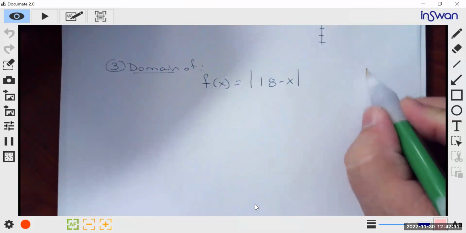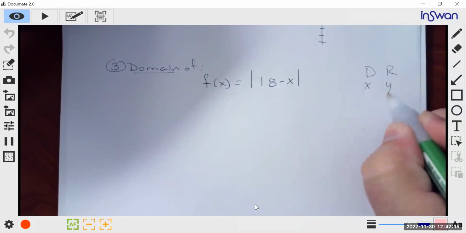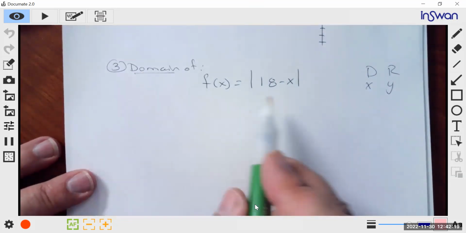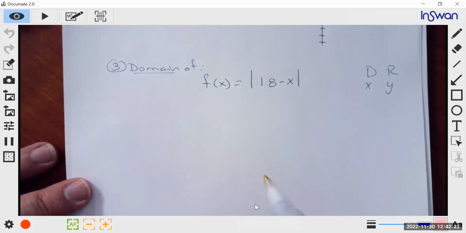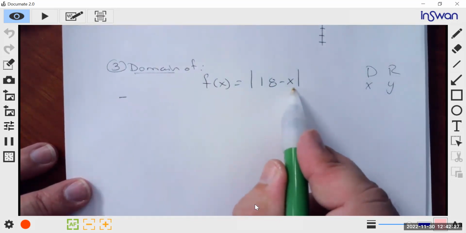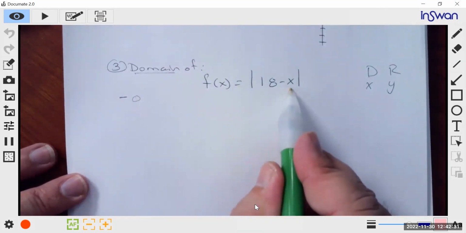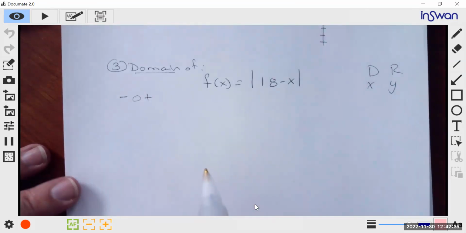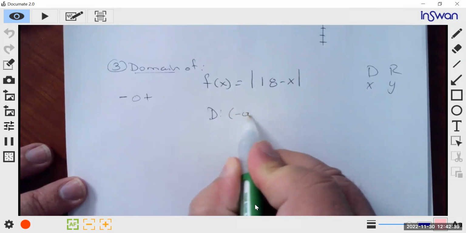They have domain and range, x and y. So look at what x's can I use in this equation? Are there any restrictions? Can I put negative numbers in there? Yes. Can I put 0 in there? Yes, 18 minus 0. Can I put positive numbers in there? Yes.